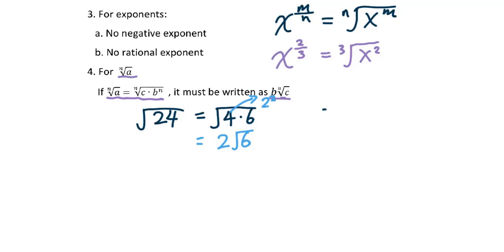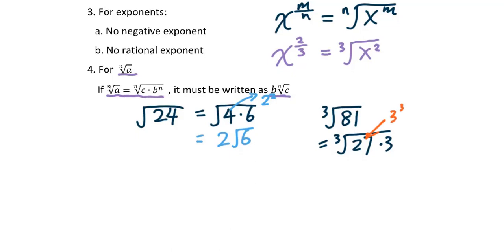If you have the cubic root of 81, I can do the cubic root of 27 times 3. For this 27, you can write 3 to the third power. Therefore, you can simplify into 3 cubic root of 3.